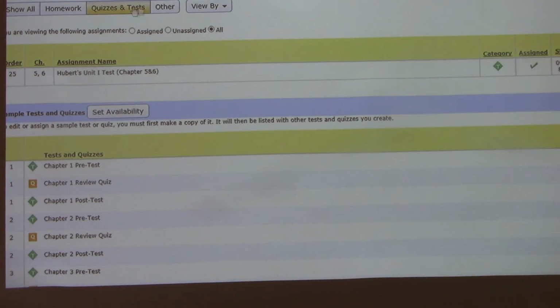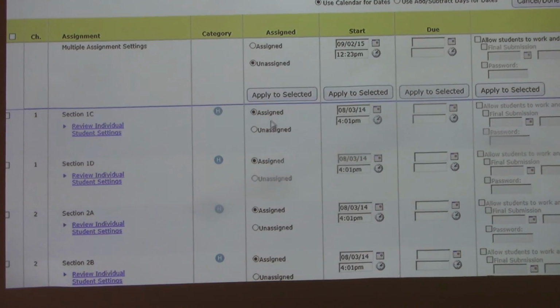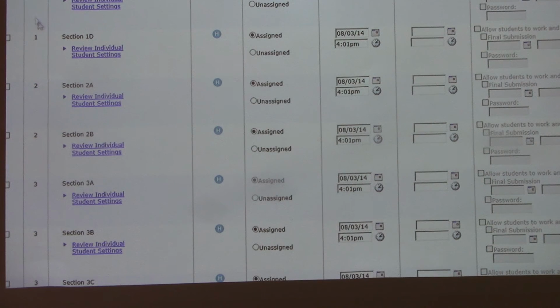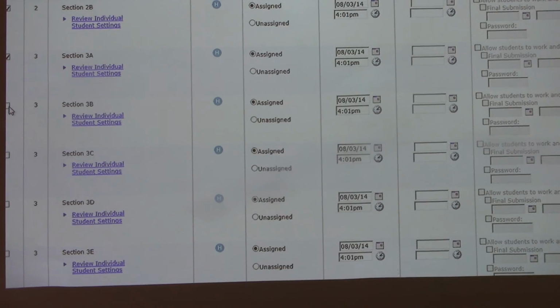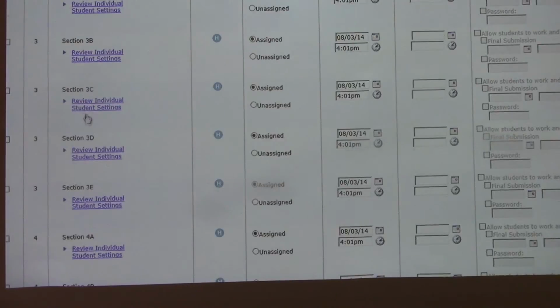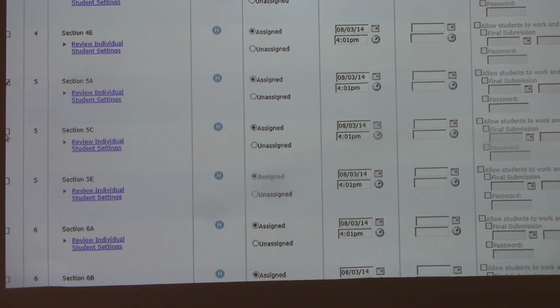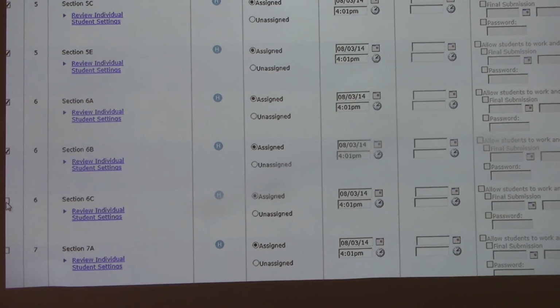If I have set a date for the homework and a test, what does that mean about the homework? It's going to be due midnight before the test. Chapters 5 and 6: 5A, 5B, 5C, 5D, 6A, 6B, and 6C.